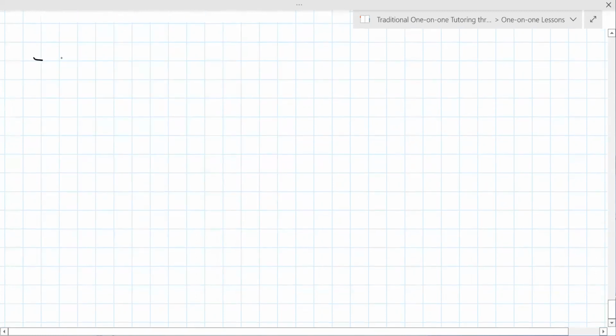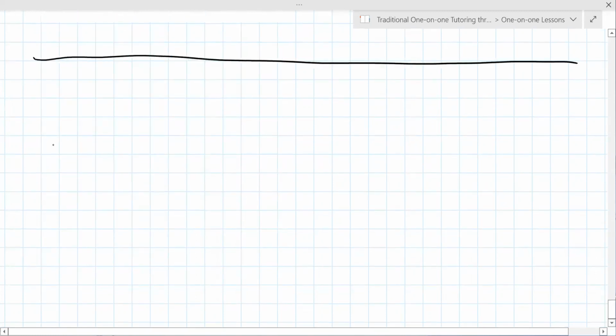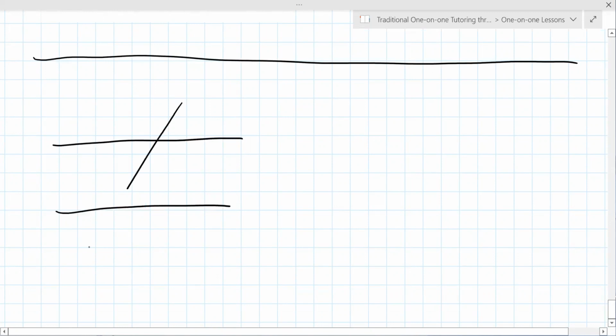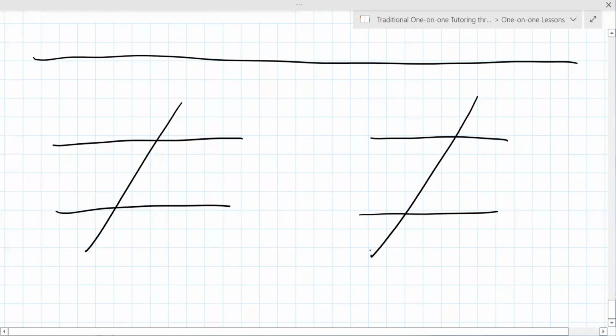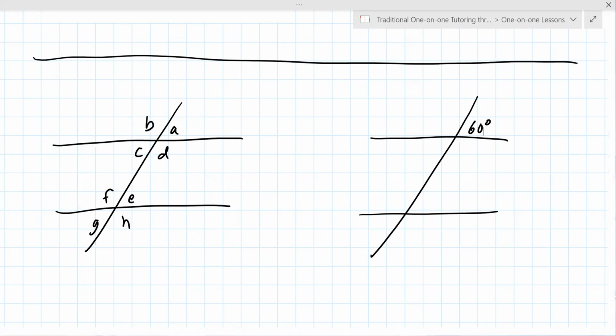In this problem right here, when you're looking at this graph on the left, here's the conclusion: 3x plus 23 equals 4x, but I want to know why. And your why is something in this picture on the right. I guess a corresponding angle.